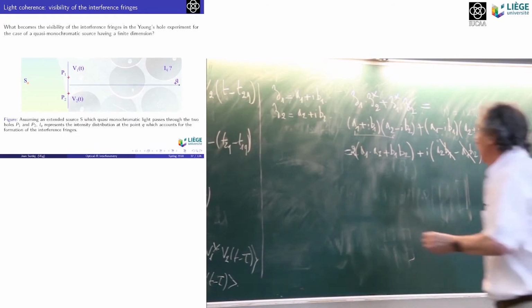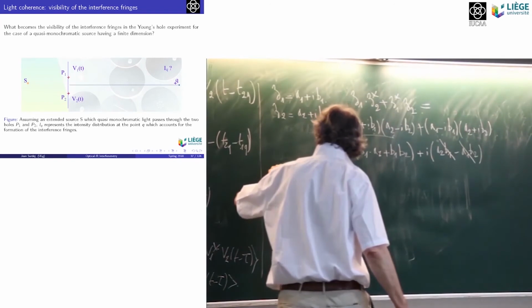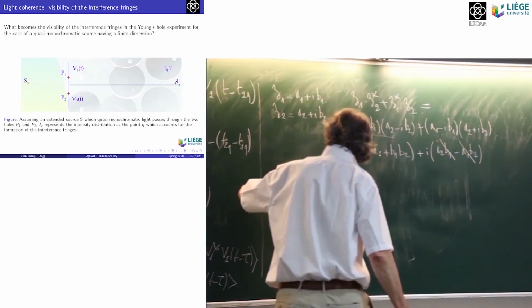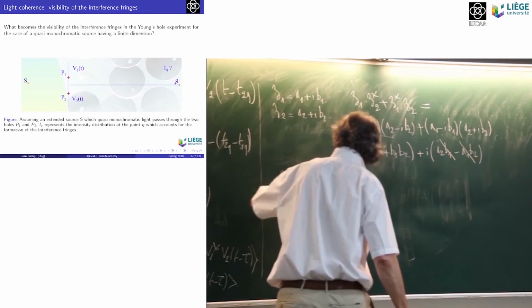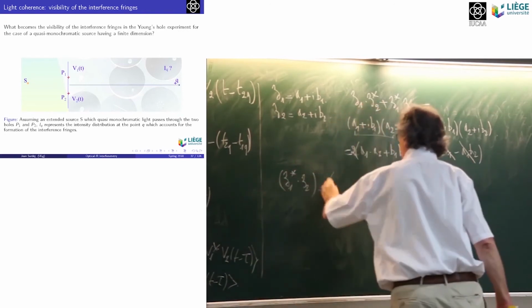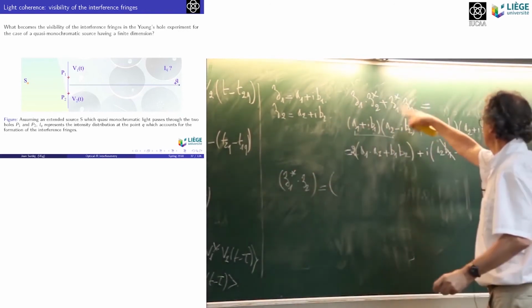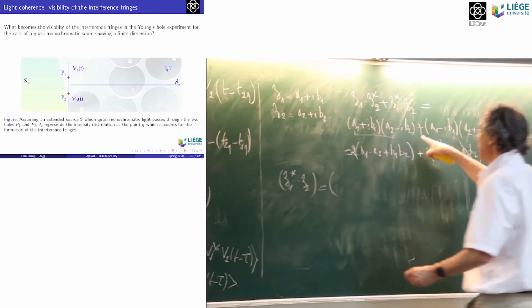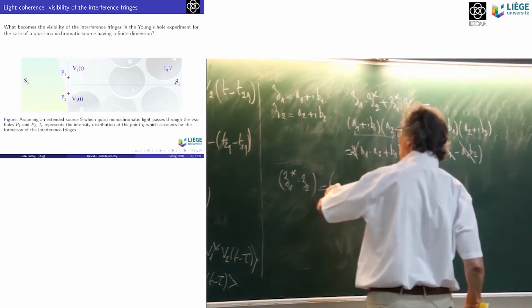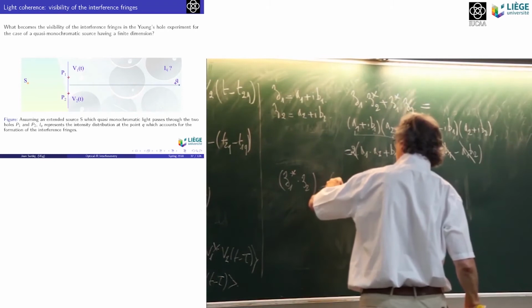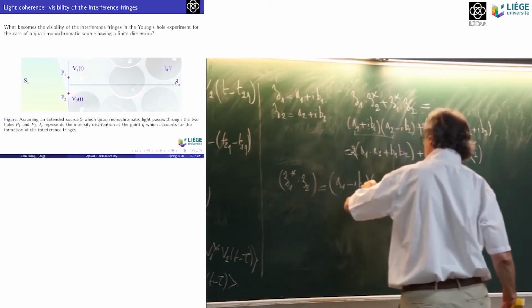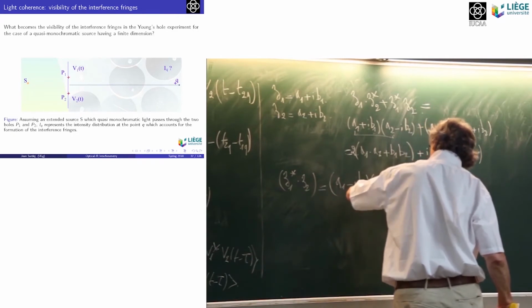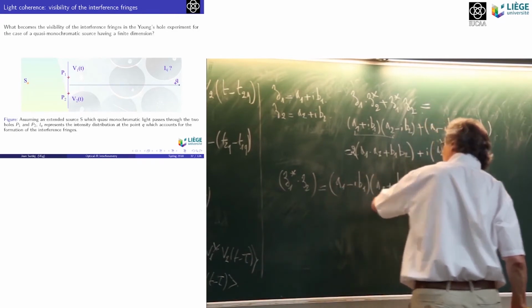Now, let's do something different. Let's try to take Z1 star times Z2. So this is easy. Z1 star times Z2 is A1 minus iB1 multiplied by A2 plus iB2.